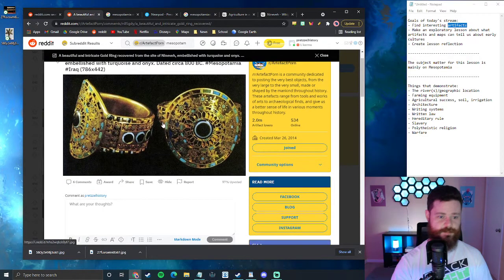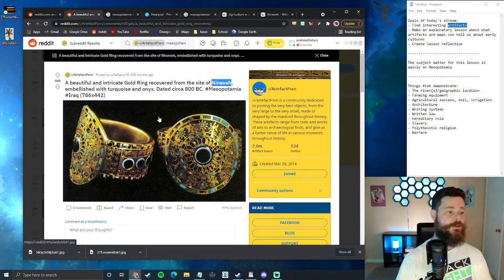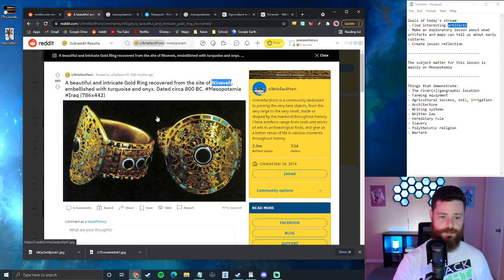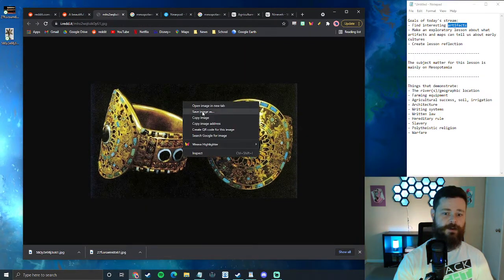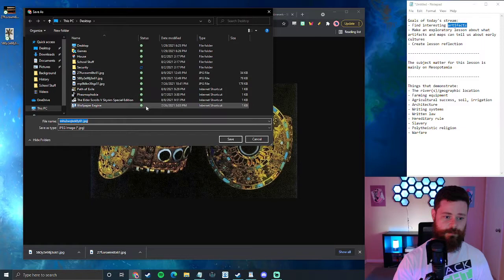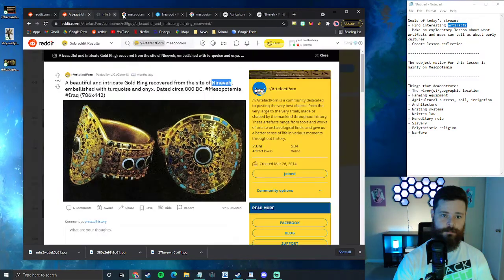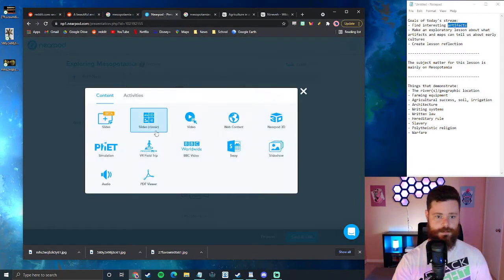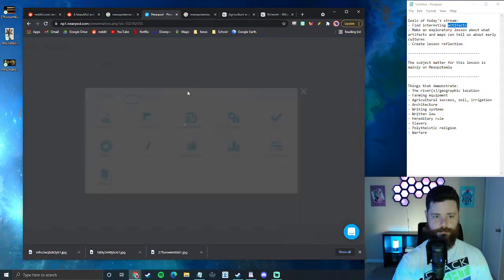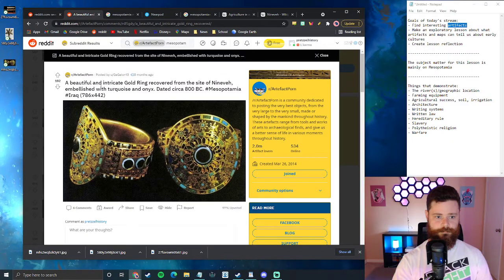This might be a good one, especially because jewelry can tell students a lot about the value that early people placed on some of these materials. Okay, so I'm not going to put the beautiful and intricate part because they can pretty much see that on their own.